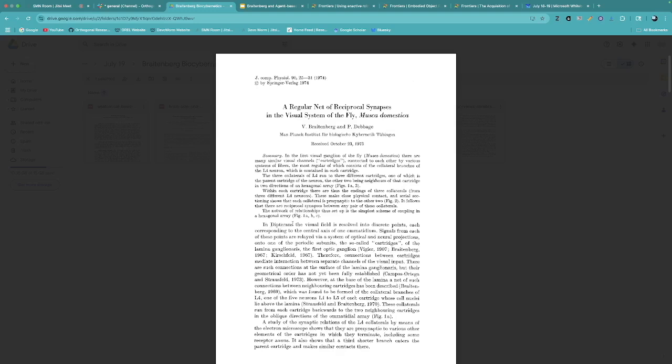So in dipterans, the visual field is resolved in discrete points, each corresponding to the central axis of one ommatidium. The fly visual system is different from the mammalian visual system, in that they have these small ommatidia that form discrete points or dots in a visual array.